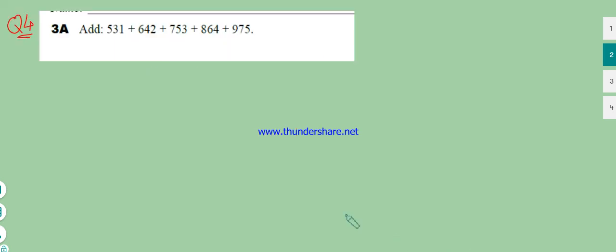Next question. The next question that we have is a simple addition. You have to add all 3-digit numbers. So there are various ways of doing this question. You write them down like this: 642, 753, 864 and 975.